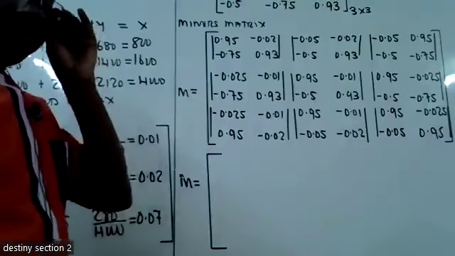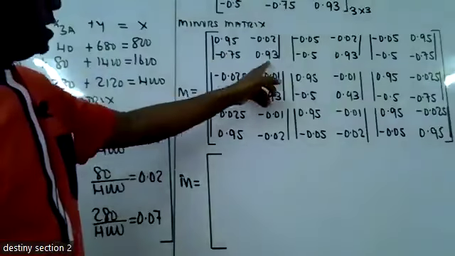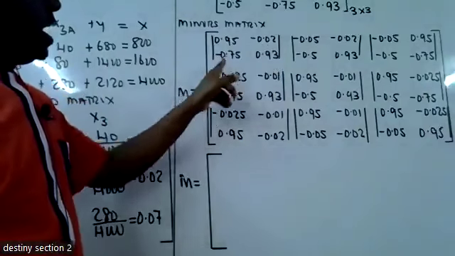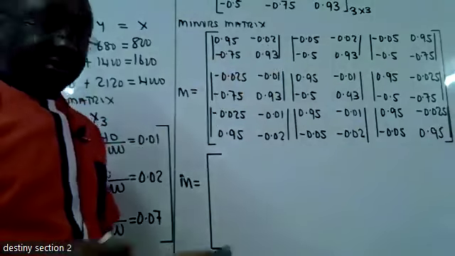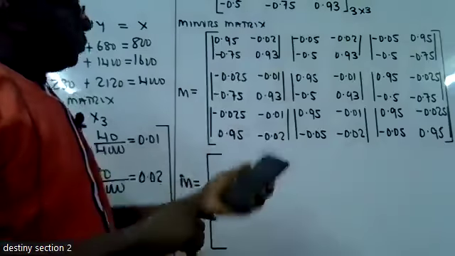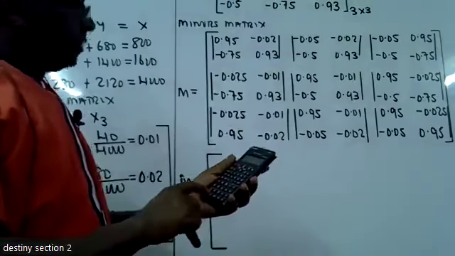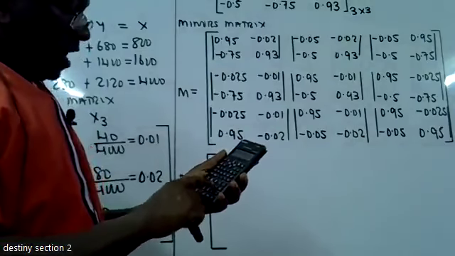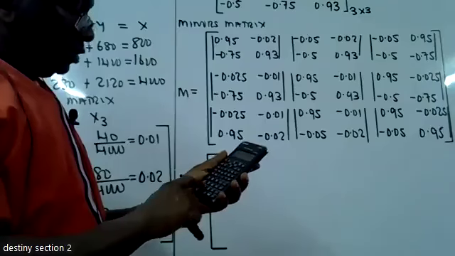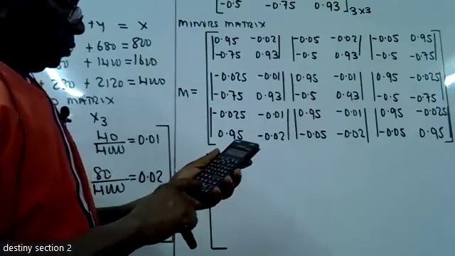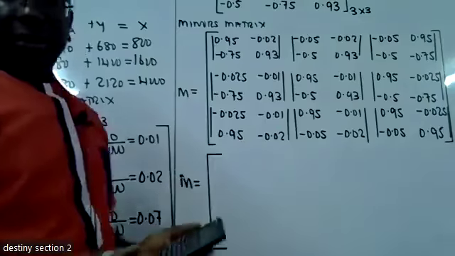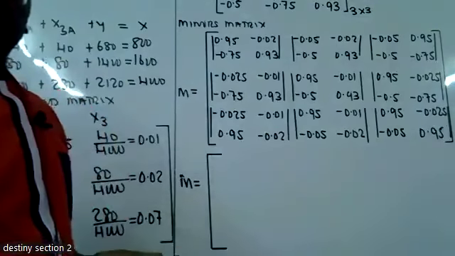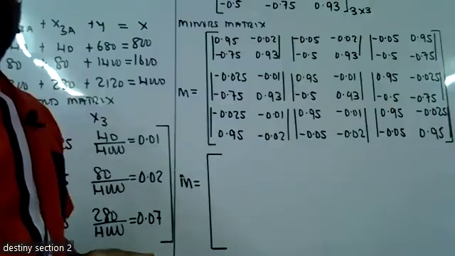Remember what you do. Unachukua the major diagonal, you multiply. Then unachukua the minor diagonal, you multiply and you get the difference. So tuanze. 0.95 times 0.93 minus 0.75 times minus 0.02 equals. Send me the answer.